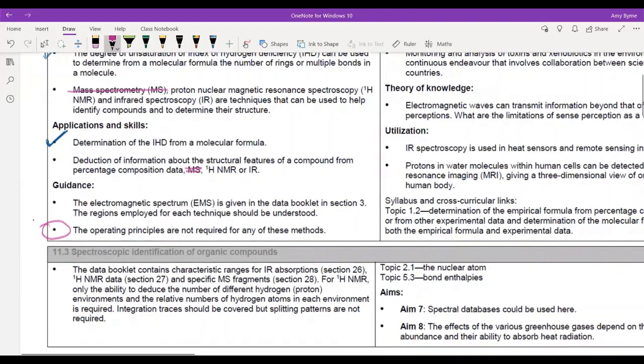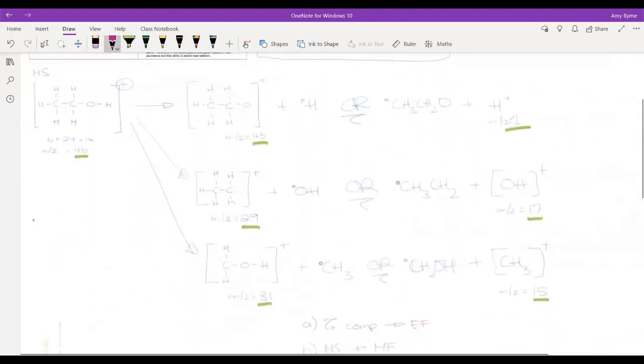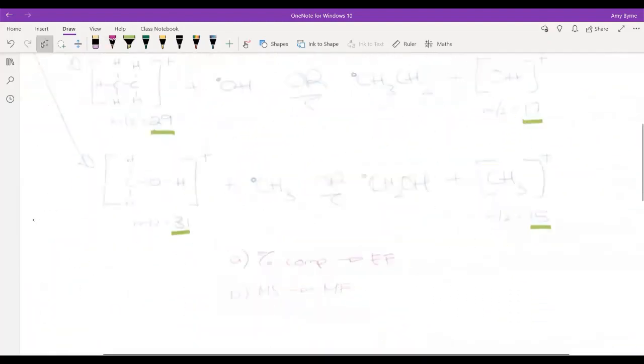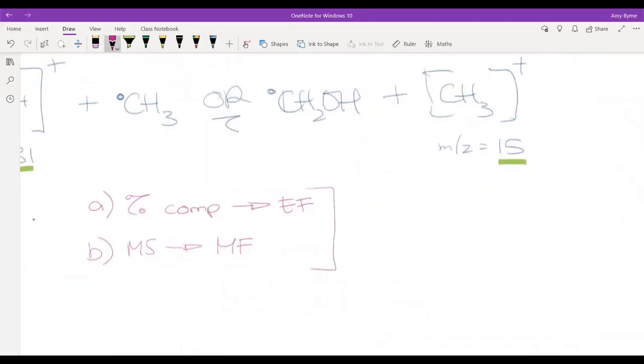So, these two steps together tell you the atoms and the numbers of those atoms.